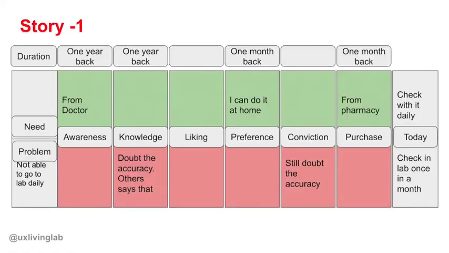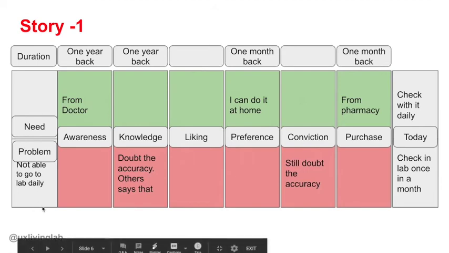While they explain the process of purchase, we collect this information in our collector. What we collect first: when they purchased, maybe 1 month back, and what was the problem he faced: not able to go to the lab daily. That's a problem he has to address. He is not ready to go to the lab every day. So from where did he get the awareness about these glucose meters?